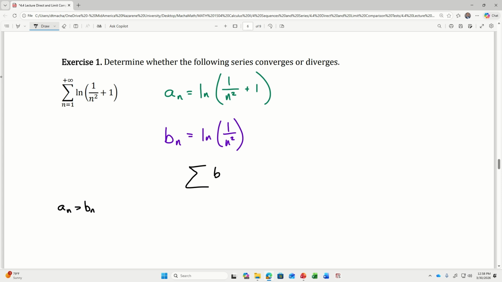We'll consider the series bn, and I know properties of logarithms. Like this is the natural log of n to the negative 2 power. And if I've got negative 2 powers inside of natural logs, I could rewrite that as negative 2 times ln of n.